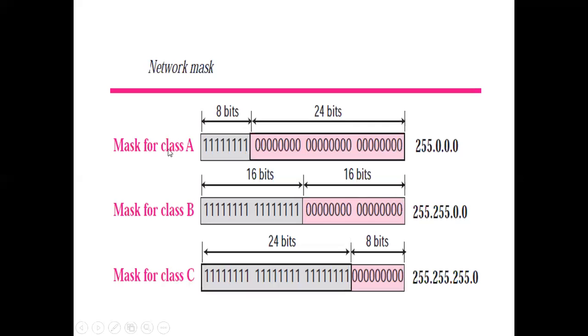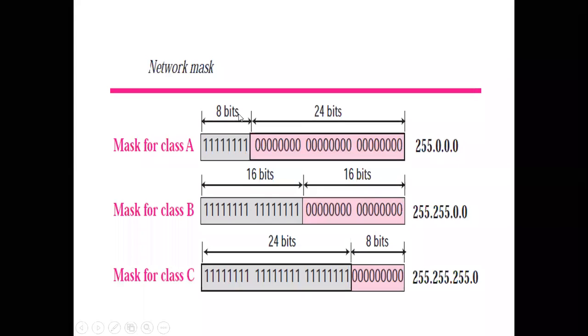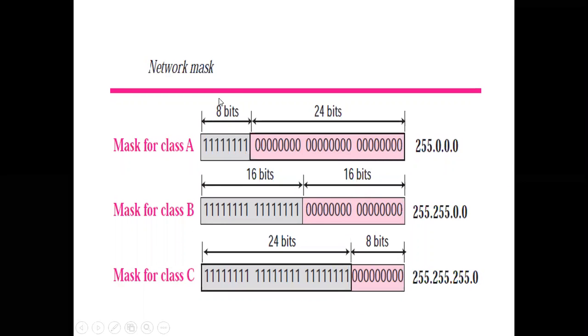Now coming to class A. In class A, you have n equal to 8. What do you mean by n? N indicates the prefix value. N indicates the network bits. So this means this prefix value or network bits has to be 1.